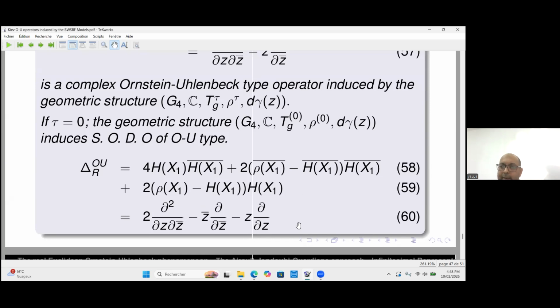And we obtain this Ornstein-Uhlenbeck operator here, which is invariant with respect to the measure gamma. And this is the induction phenomenon from the geometric structure of the Ornstein-Uhlenbeck operator.